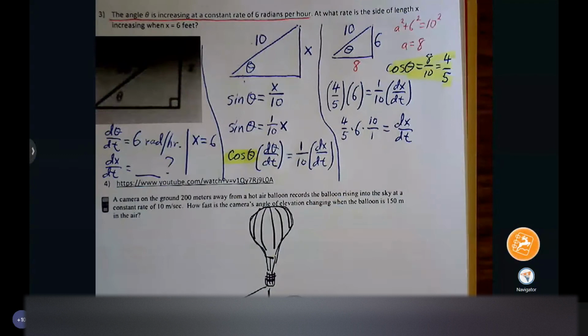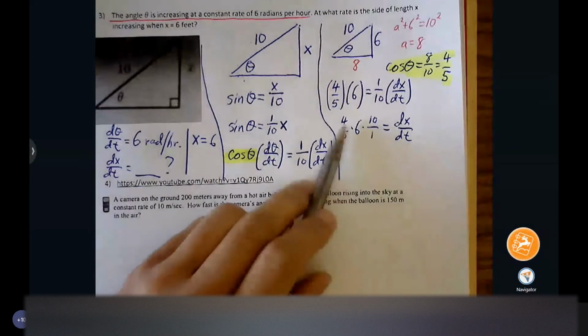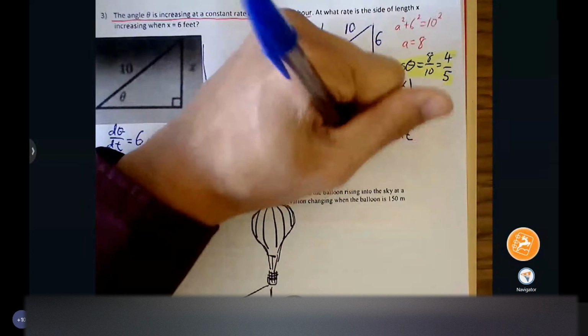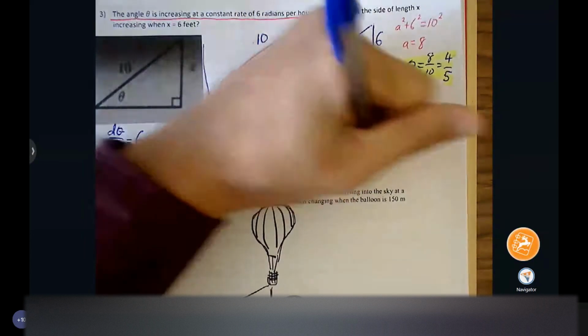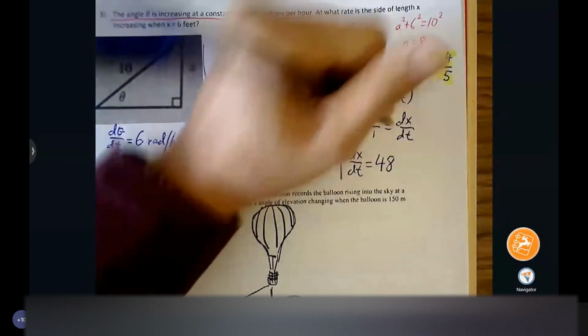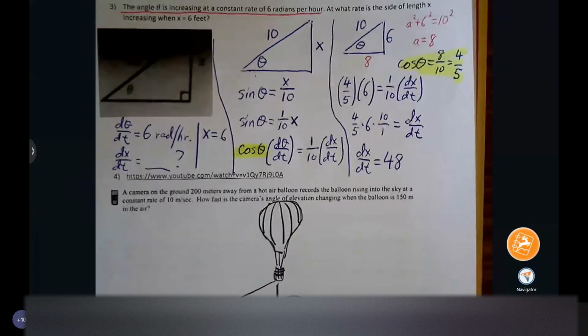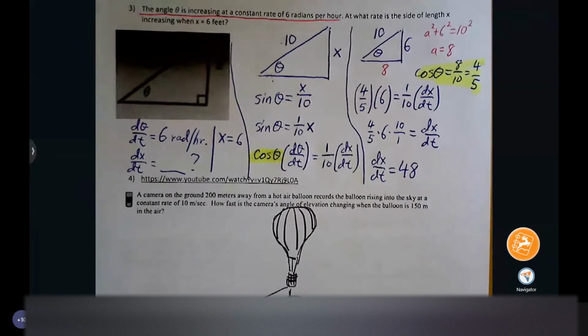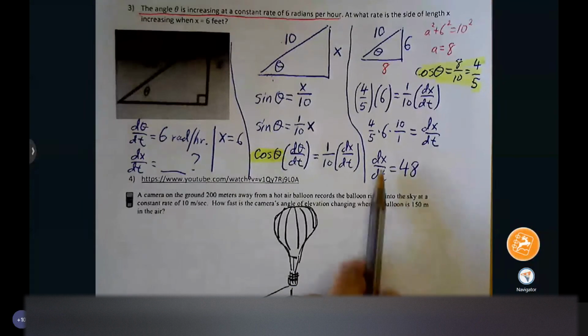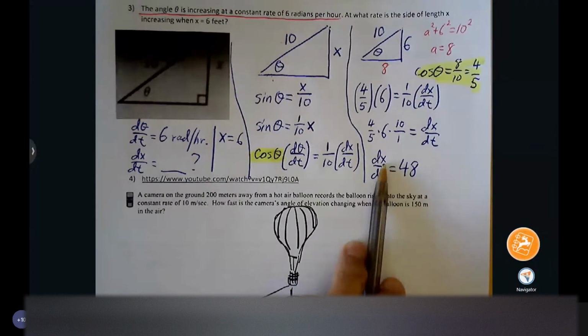We get 240 over 5, or you can think of it as 10 and 5 reduces to be 2. 2 times 24 is 48. And what's our unit of measure for dx dt? Feet per hour. Good. X is in terms of feet.